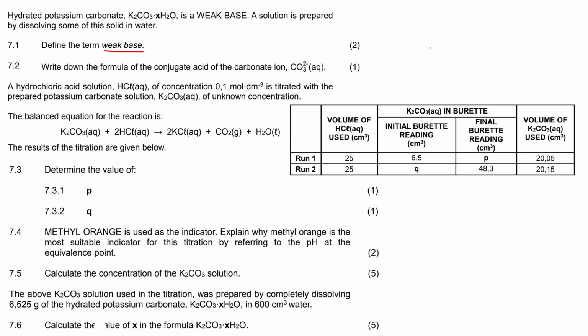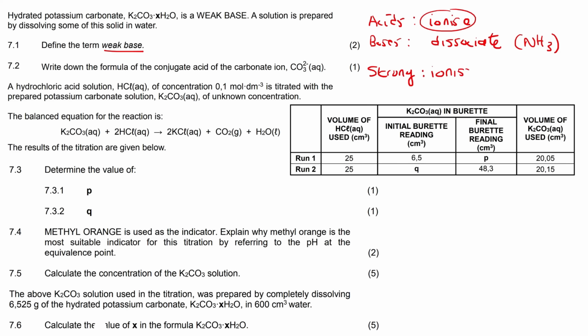Okay, so typically when we look at acids, we know that acids like to ionize, and bases typically like to dissociate. We have got some exceptions like NH3, which is a base that ionizes. Now, if something is a strong acid, then it would ionize completely.